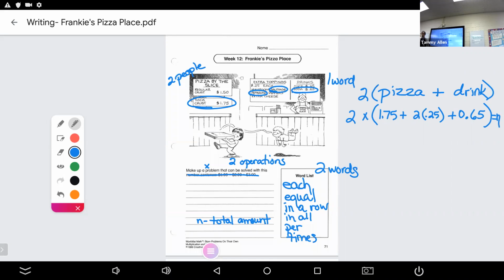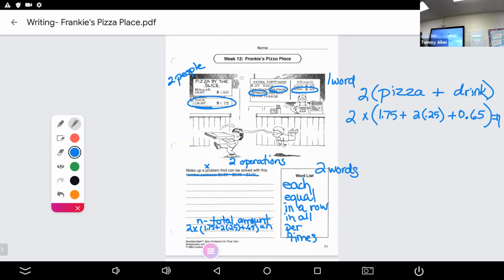So that's our equation: 2 times $1.75 plus 2 times that 25 cents plus the 65 cents equals n. Right? We're good with that?